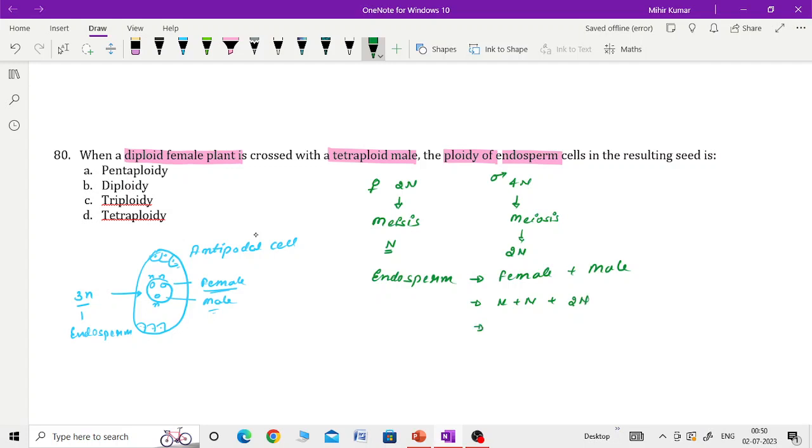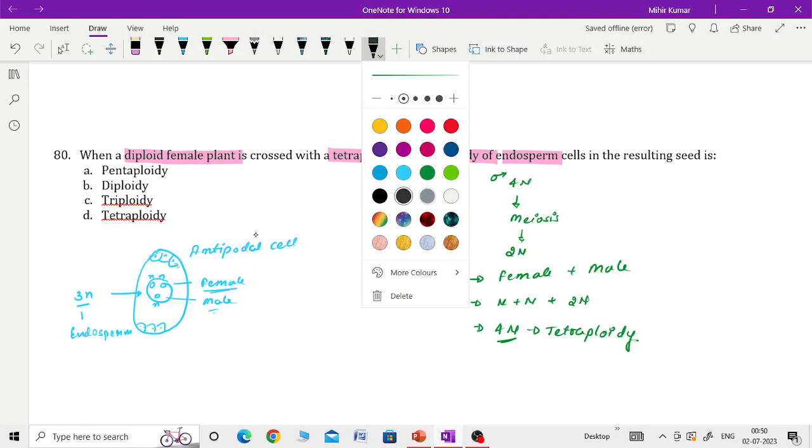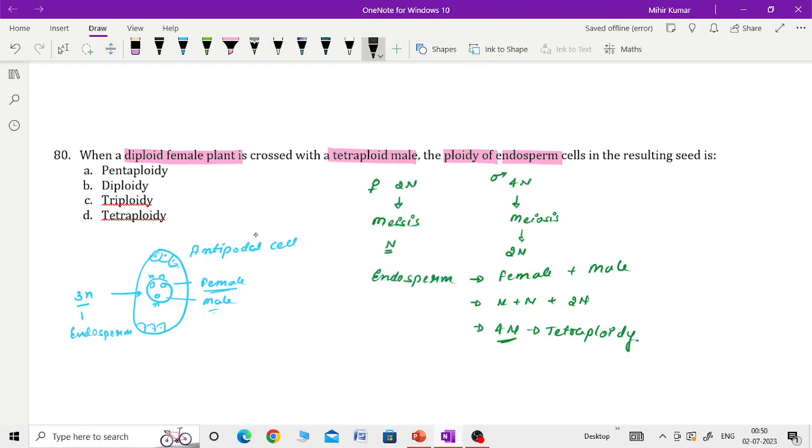The total is 2 plus 1 plus 1, that is 4n, and 4n is called tetraploid. So the answer for this question is tetraploid.